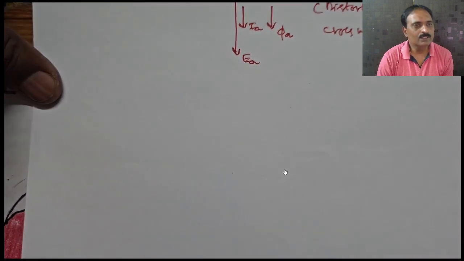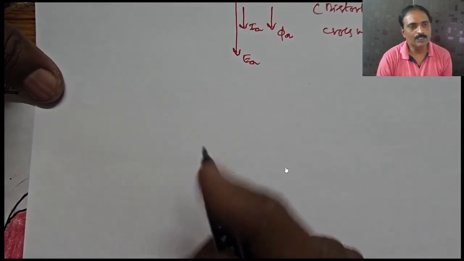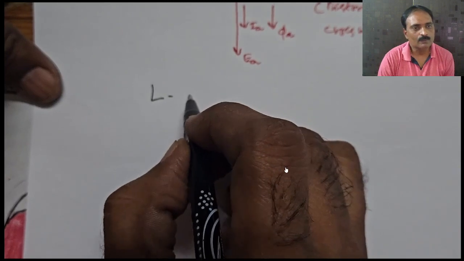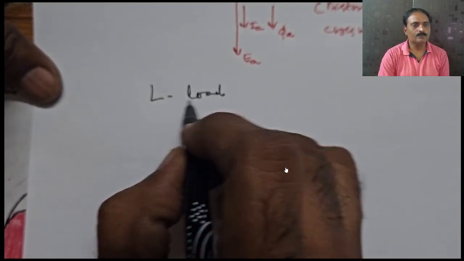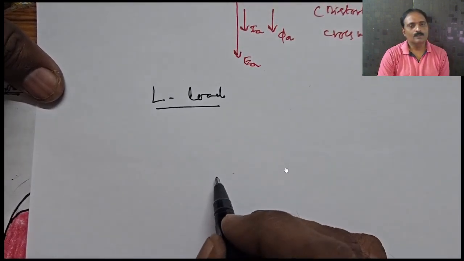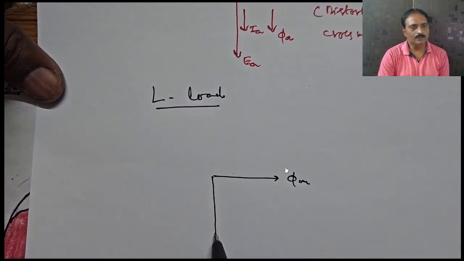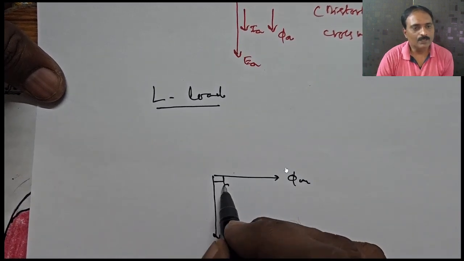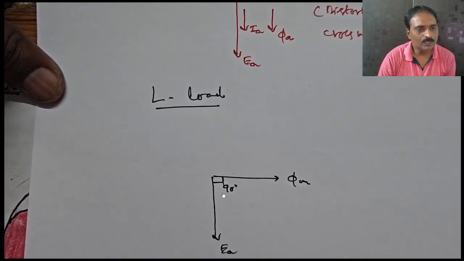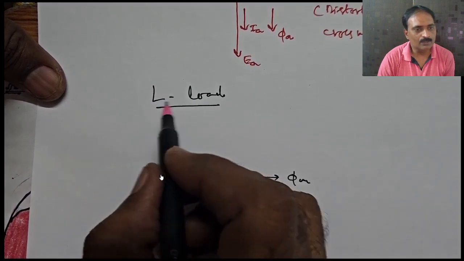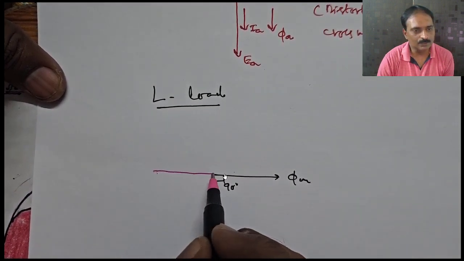And when you consider the inductive load, consider the main flux and the induced EMF will be 90 degrees lagging behind. Now for inductive load, the current is going to lag further by 90 degrees with respect to the voltage.